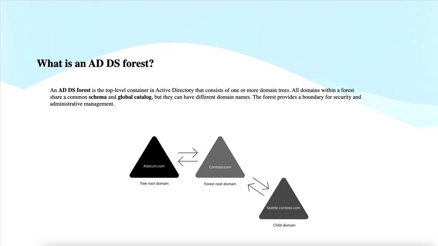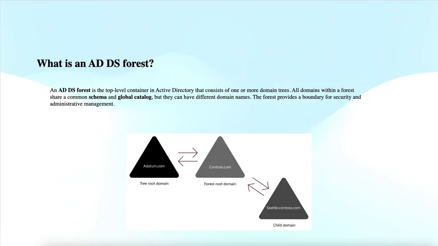We have different FSMO or flexible single master operation roles, and each domain can have these three FSMO roles: relative identifier, RID masters, infrastructure masters, and PDC masters. Whereas the two forest-wide roles are the schema master and the domain naming master.